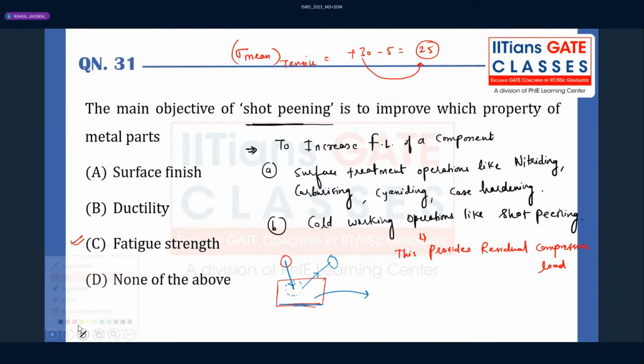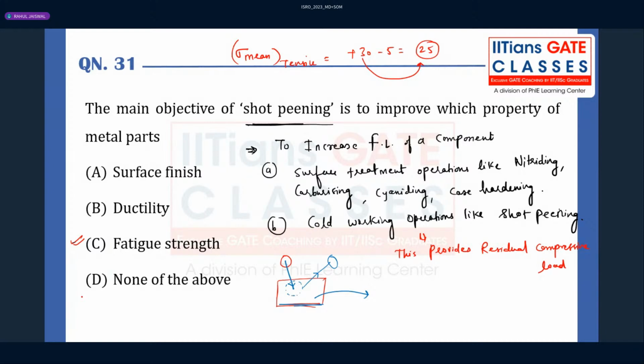Always remember, in reality the material is subjected to both dynamic load as well as static load, and failure can happen because of both fatigue failure and static failure. But sometimes the fatigue strength of a component is very low. In such a case, fatigue failure will happen before static failure. What is the meaning of static failure?